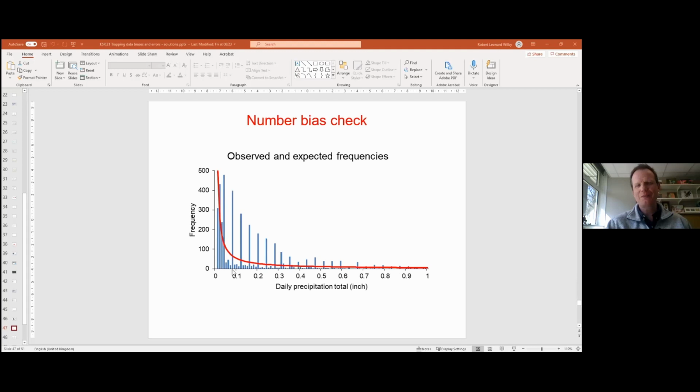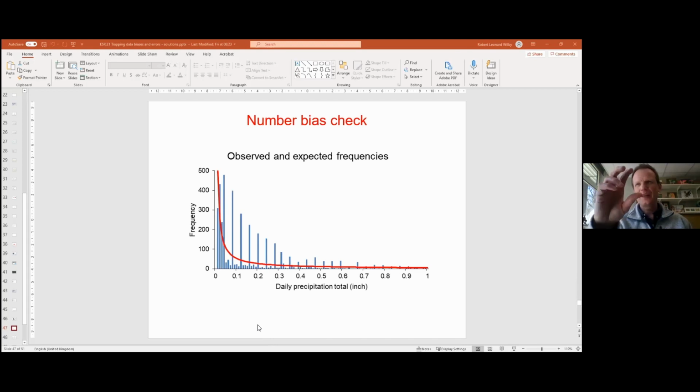Now, it doesn't quite sit on the sorts of numbers we're expecting because the millimeters have been converted into inches. If we'd shown this in millimeters, we would show a very clear 5-10 number bias.